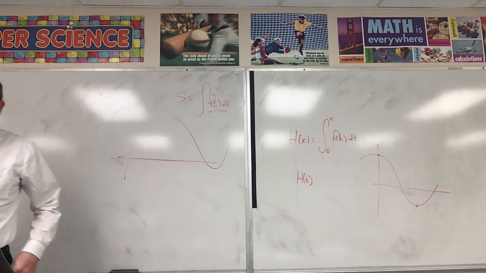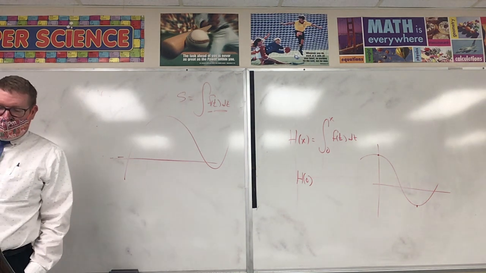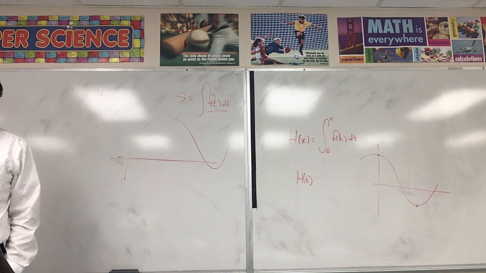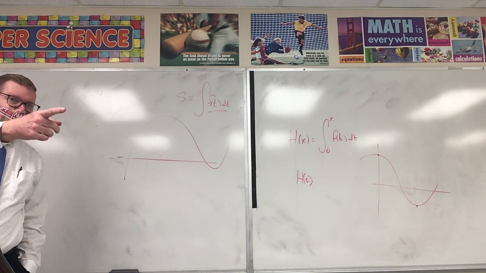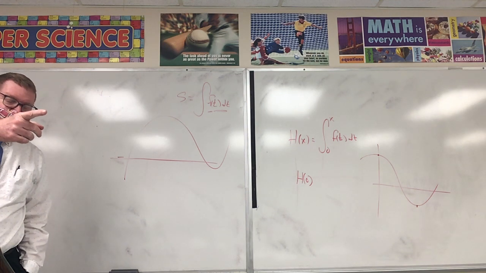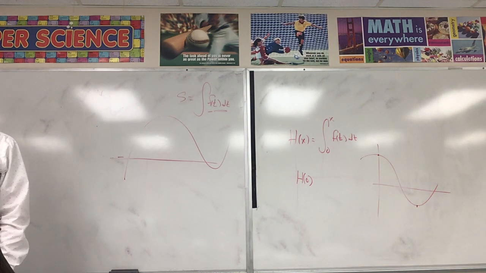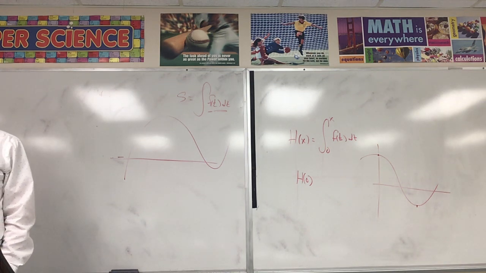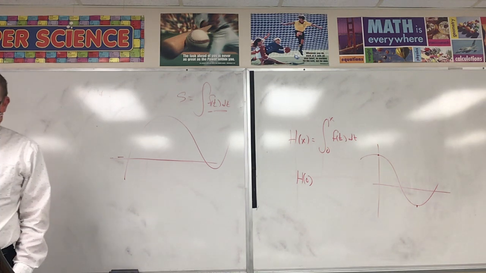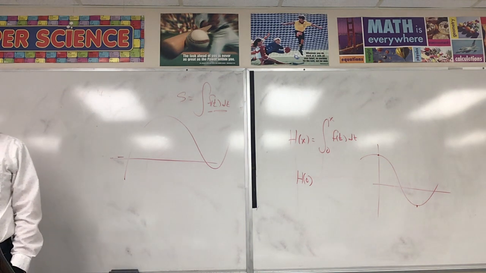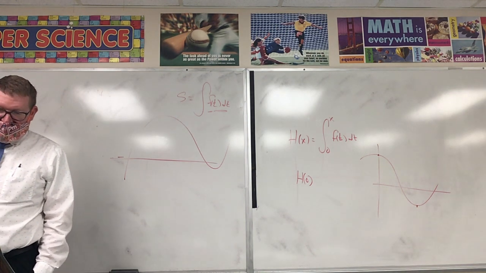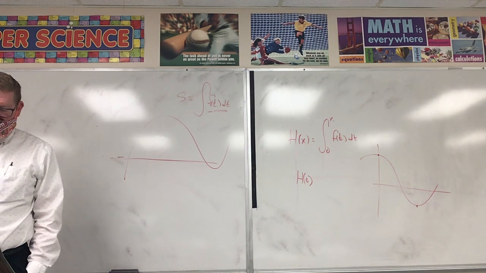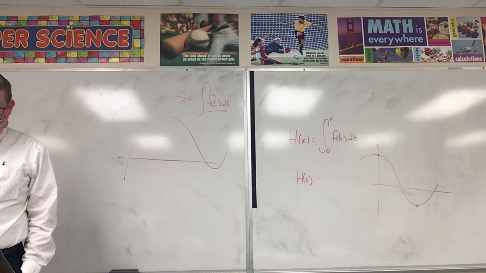So what is the particle's velocity at time equals 3? Ken, what did you say? 0. What does the graph equal at 3? Oh, I'm looking at the wrong one. Yes, okay. So 0.